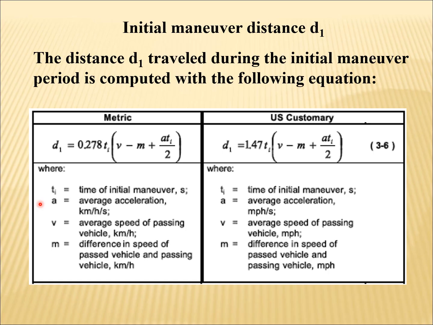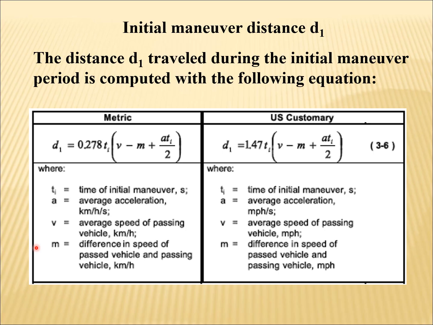Usually we have meter per second squared like that, but here acceleration is the rate of change of speed, rate of change of velocity. So the unit of A over here is kilometer per hour per second. V is the average speed of the passing vehicle, that means the overtaking vehicle, and m is the difference in speed of the passed vehicle and the passing vehicle in kilometer per hour.